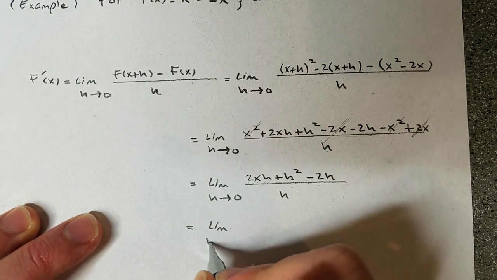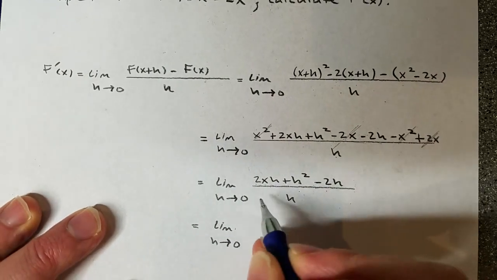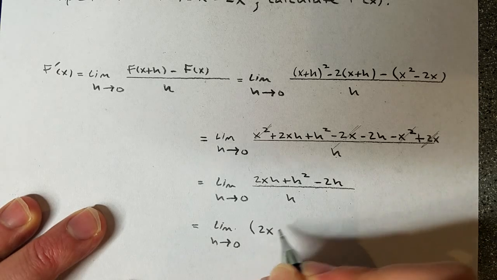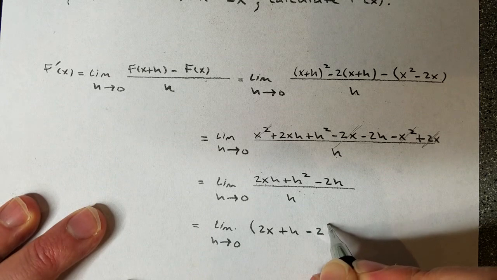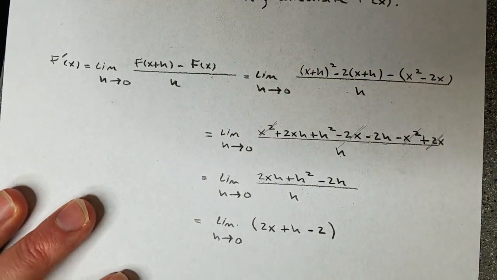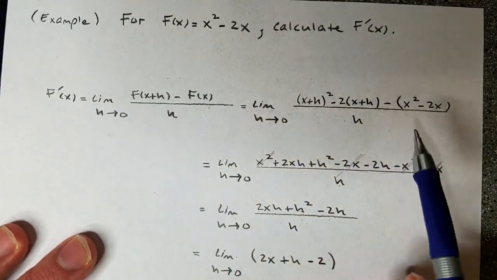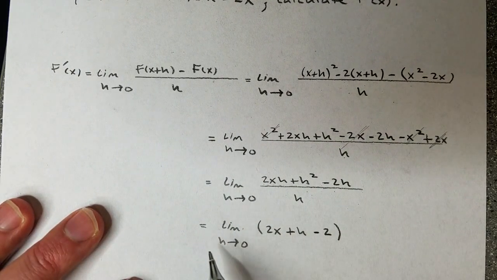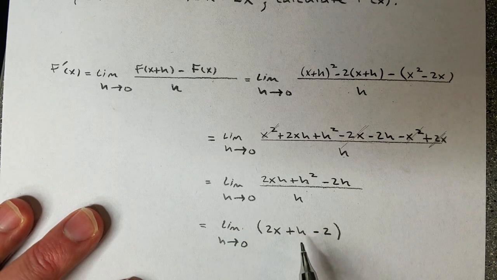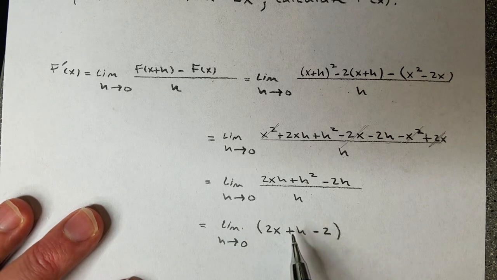Limit as h goes to 0 of 2x plus h minus 2. Okay, now I've done all the simplifying that I can. It's at this point that I can figure out what this limit is by pushing the h all the way to 0. So like right there, that h, what if that went to 0?